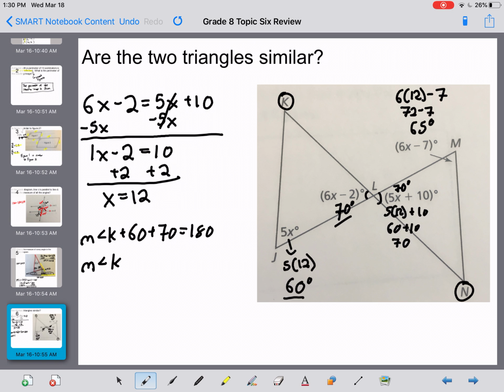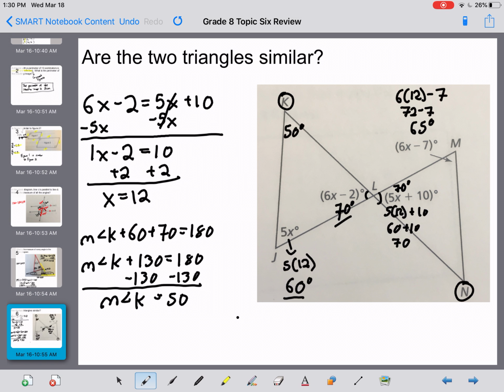So the measure of angle K plus 130 has to equal 180 degrees. I can subtract 130, subtract 130. The measure of angle K is equal to 50 degrees. So angle K is 50 degrees.